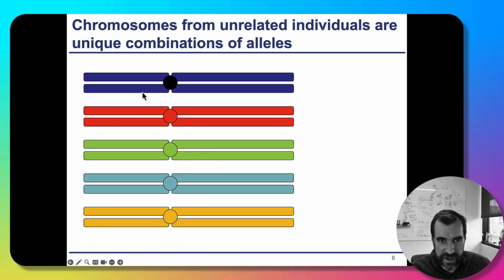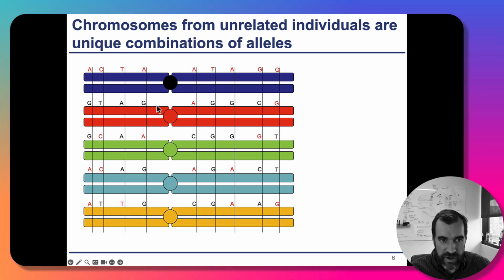Typically when you compare individuals that are completely unrelated to each other, if you look at the polymorphisms, they are completely unrelated. So if you have an A in this position and a C in this position, in general, if you look at other individuals, these two polymorphisms are what we would say are completely unlinked to each other.